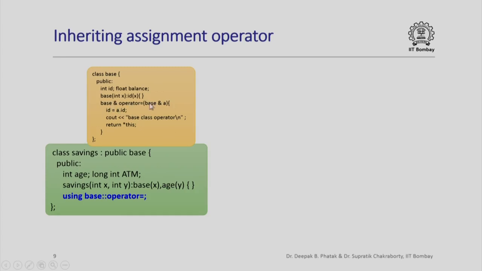So all operators other than the assignment operator will be inherited by default by a derived class from a base class, but the assignment operator is not going to be inherited by default. However, you can explicitly specify that you want to inherit the assignment operator using this statement here.